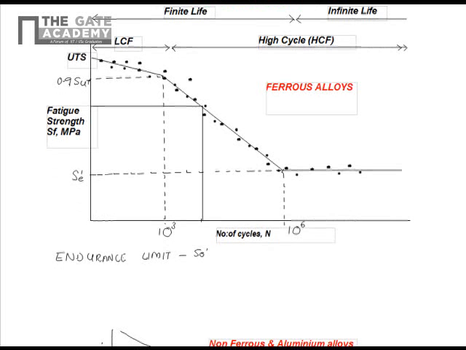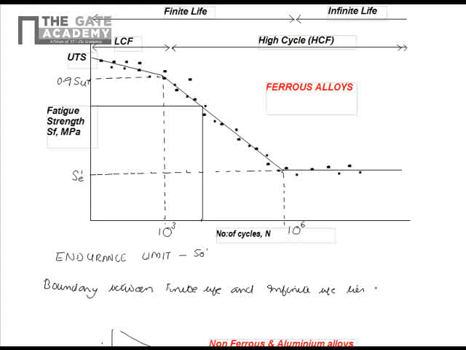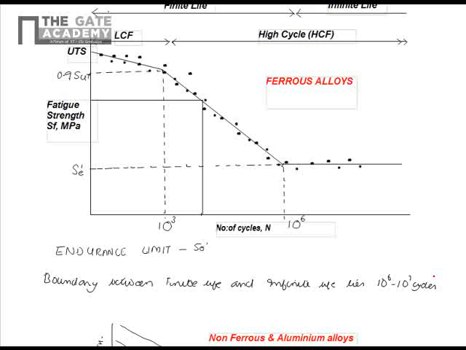Usually the boundary between finite life design and infinite life design lies in the range of 10 power 6 to 10 power 7 cycles. It's not well defined, it lies in that range. So that is about the ferrous alloys.